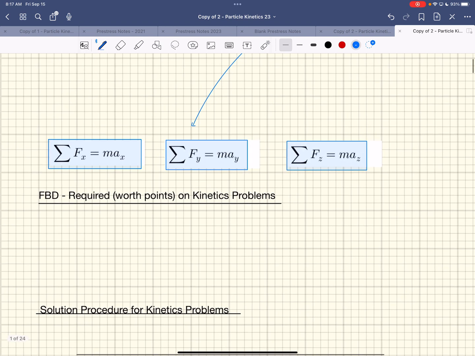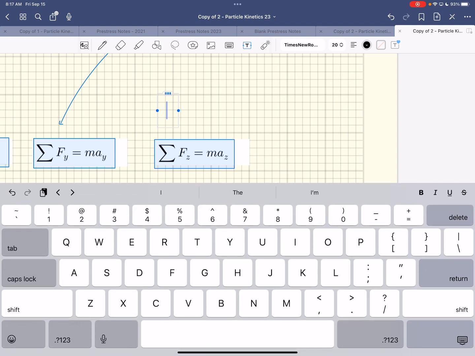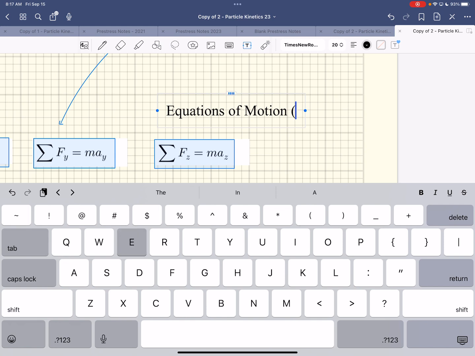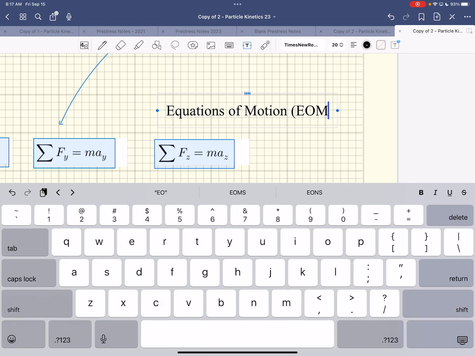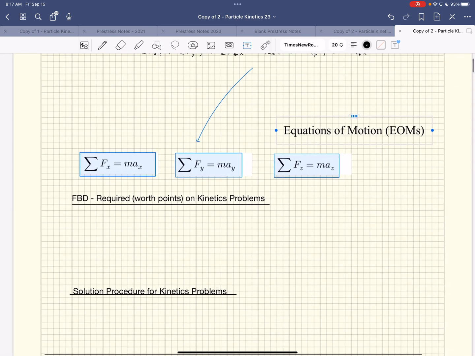Okay? These things are what we call our equations of motion. And we actually call them EOMs, or equations of motion.